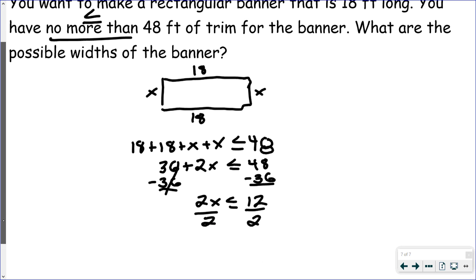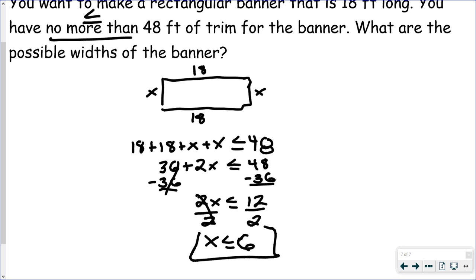And my solution is x is less than or equal to 6. So the width here can be 6 or less. So if it's 6, then you're going to use all of your trim. If it's less than 6, then you'll have some left over.